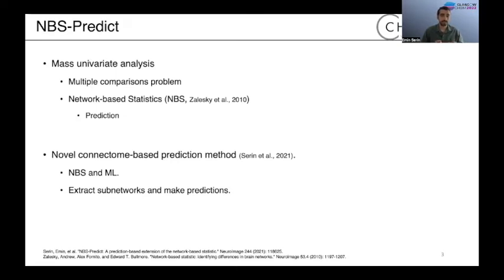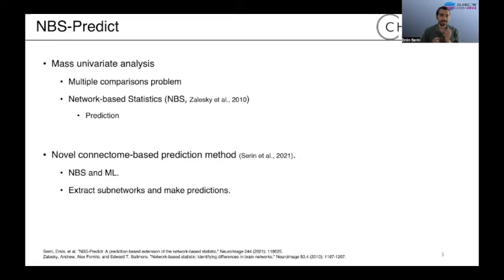Although it's a very powerful method compared to traditional correction methods like Bonferroni or FDR, it comes with a limitation originating from the traditional statistical method. That is, it doesn't allow for making predictions at the level of individuals. So this is where NBS-Predict comes in. It's a novel connectome-based prediction method which combines the powerful features of network-based statistic and machine learning. So you can think of NBS-Predict as an extension of the network-based statistic with machine learning.